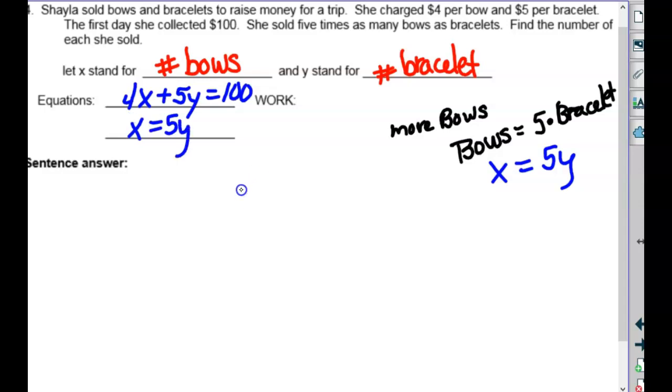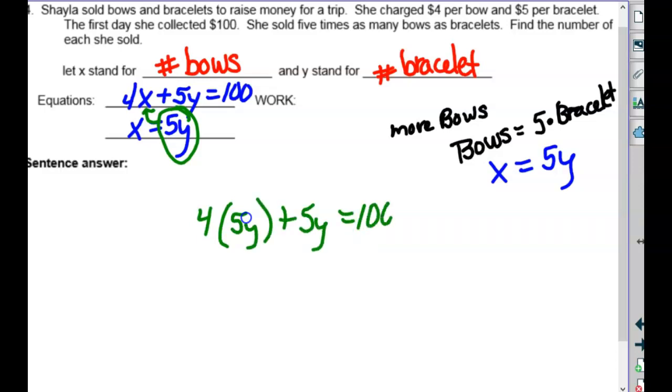Can I do this by substitution? Could I do a matrix if I want? Doesn't specify, right? I'm going to do substitution. I'm going to put what? 5y in for x. Actually, I could put an x in for 5y. So I'd have 4, where there was an x, I'm going to put a 5y. This would be 20y plus 5 more y's.